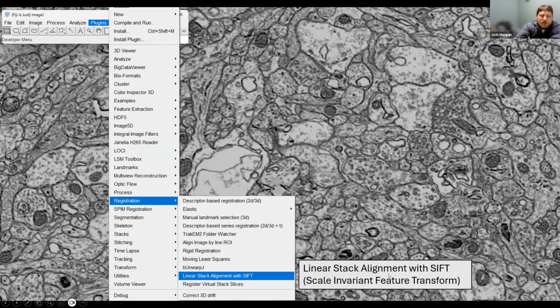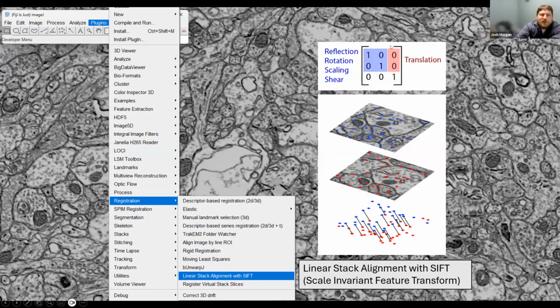So now we all know linear stack alignment with SIFT means you're doing this kind of linear transformation here, and you're using these SIFT points to find which part of this image match up with this image. If you're doing a small volume in a small area and you don't have much distortion and you're lucky, this will solve your alignment problems.